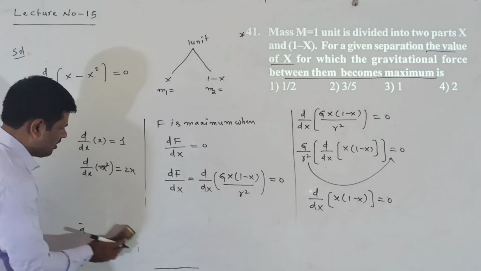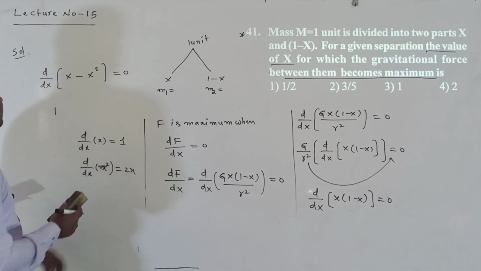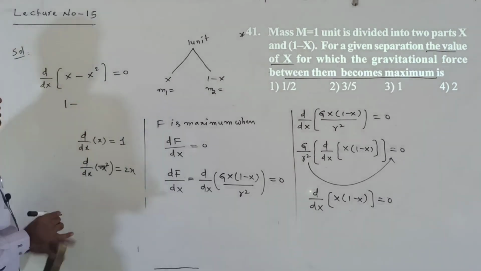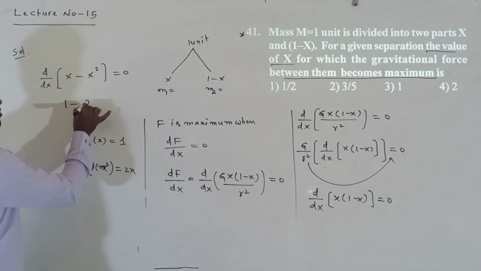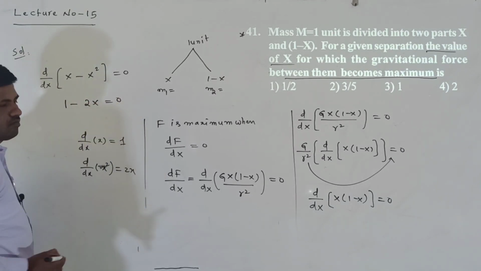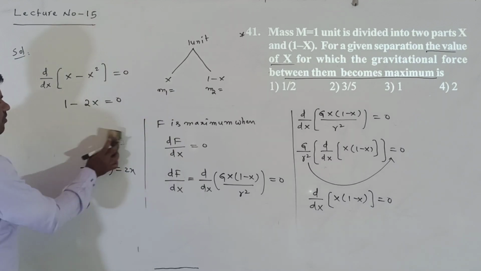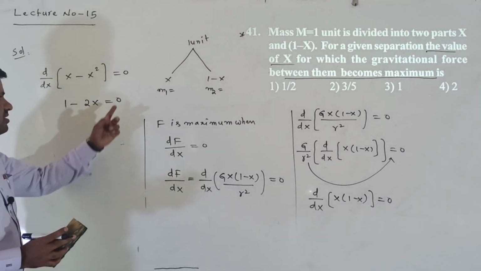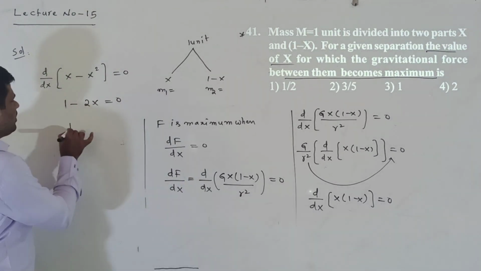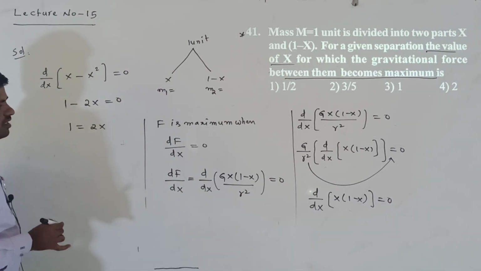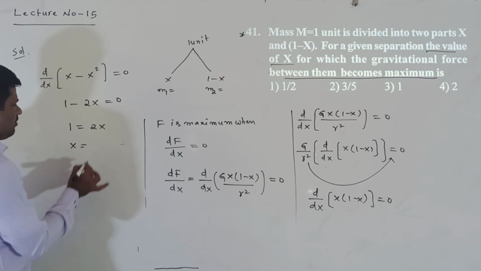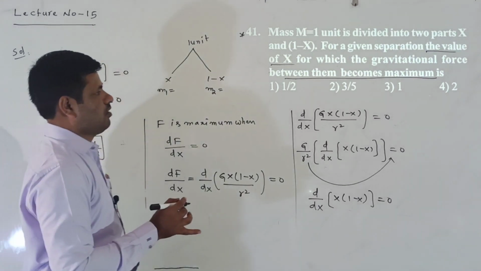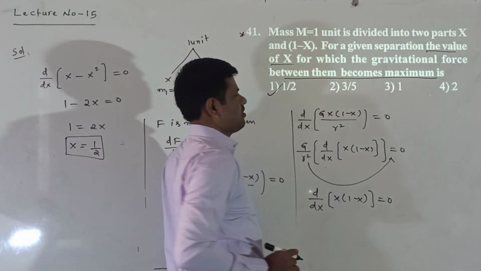So x differentiation is 1, x square differentiation is 2x, equal to 0. So 1 equals 2x, and x equals 1 by 2. So which option is correct here? First option is correct.